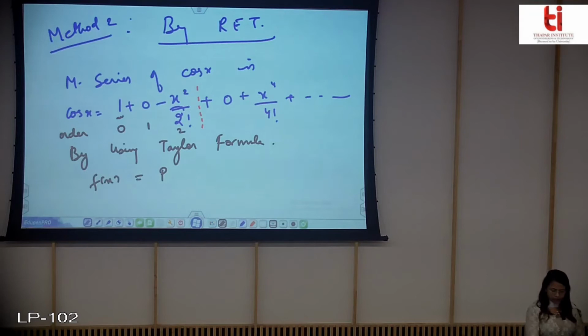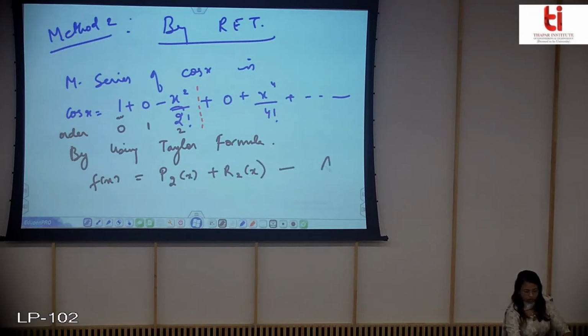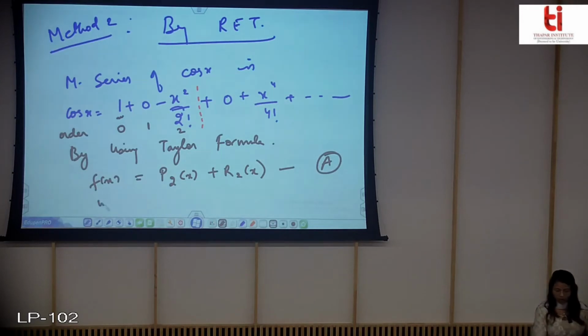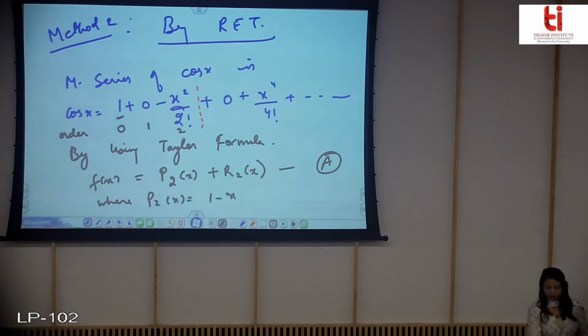So by looking at this, what will you consider? Consider this as equation A, where P2 x is 1 minus x square by 2 factorial. This is of order 3, this is of order 4, and so on. I hope that you understand why I wrote this.